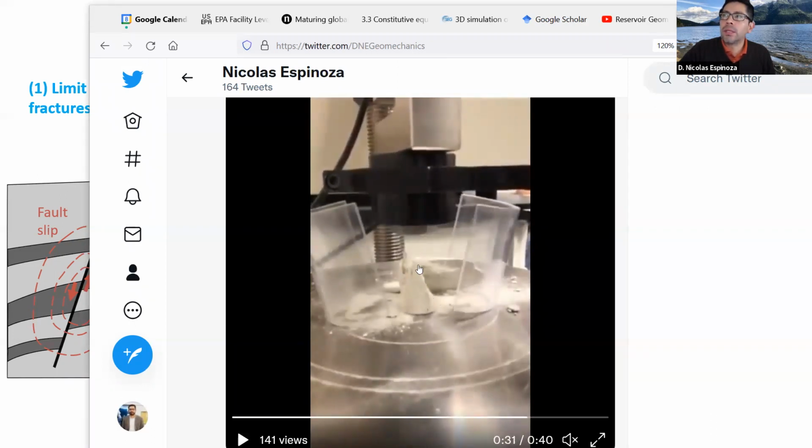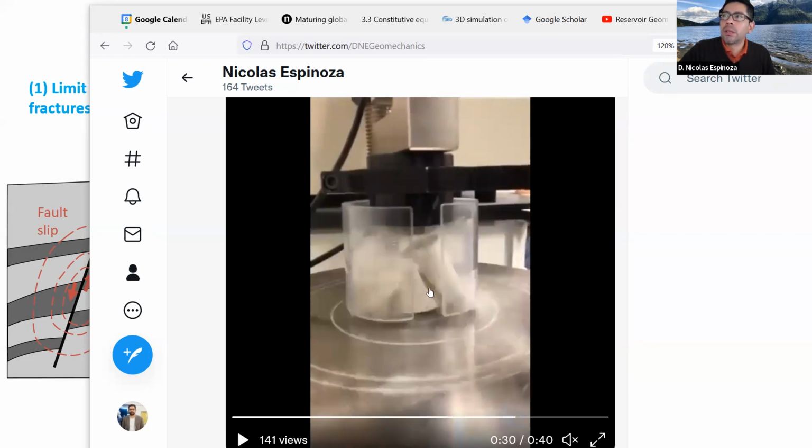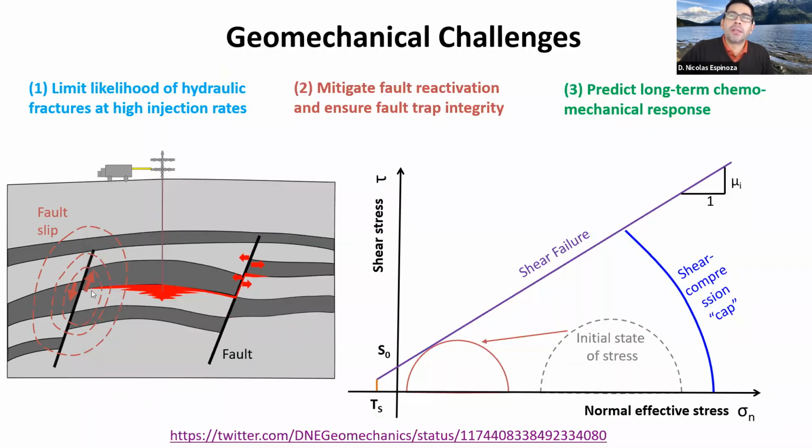And notice the angle of failure. This is a shear failure. And this is exactly what happens when, for example, we may reactivate a fault in this case. So that's what we don't want to do. We don't want to have shear failure in this case.